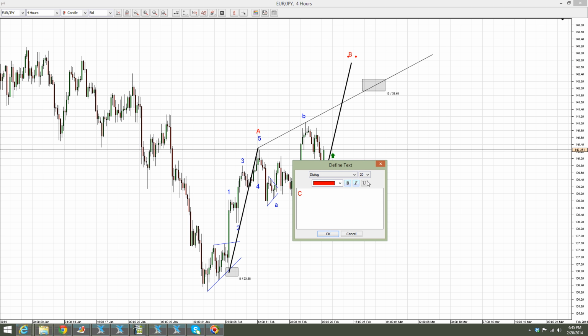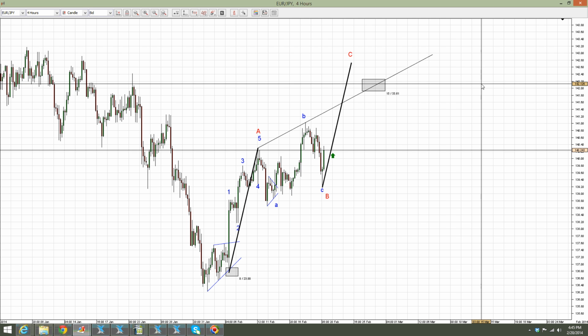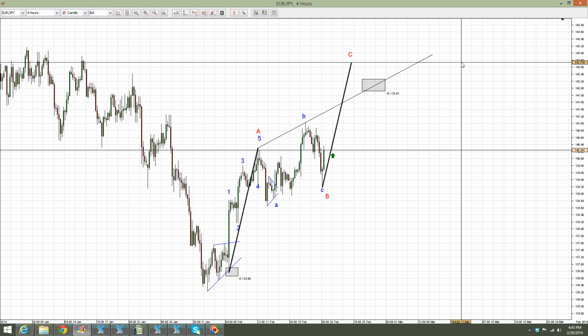And that, my friends, would be only the C wave to the upside, and it means something like 142.73 in an impulsive move. So this is the reason why we're buying call options.